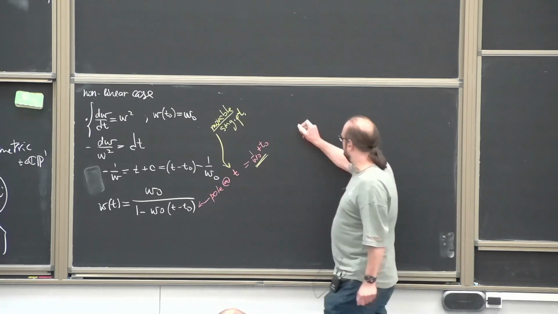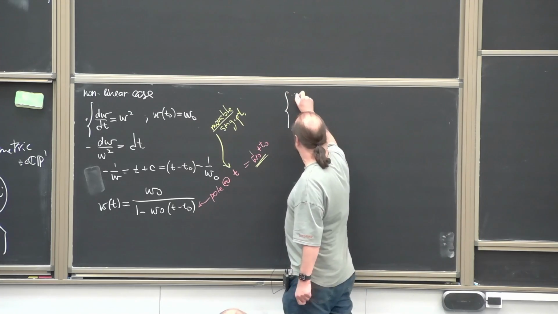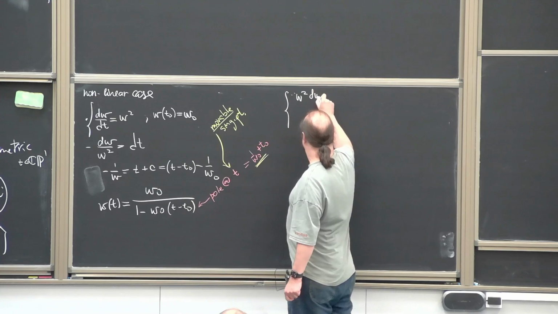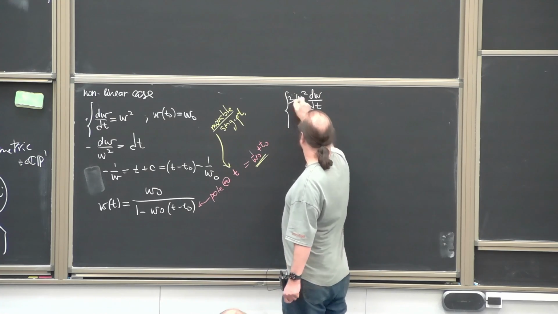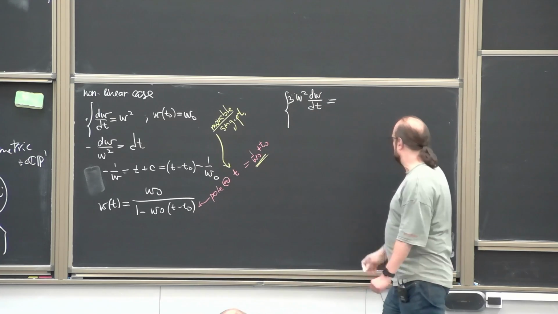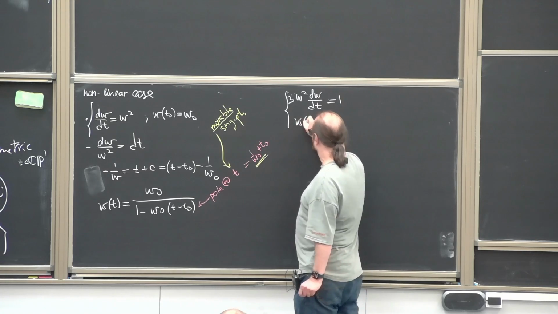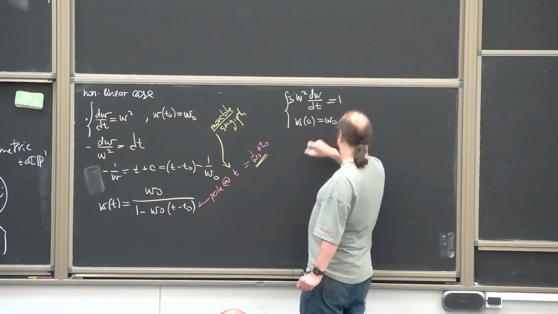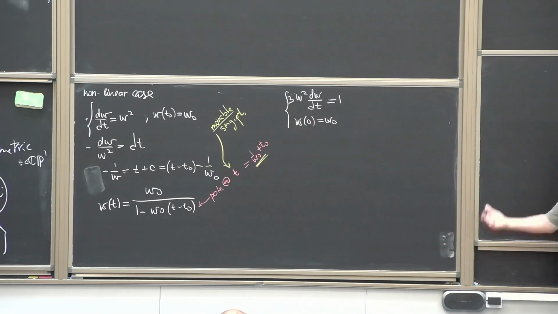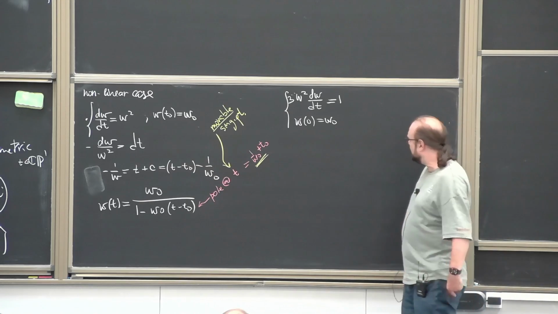But if you look at something like this, w squared dw dt, let's say 3, is equal to 1, and let's say w of 0 is w naught, because of course the initial value of time doesn't matter.